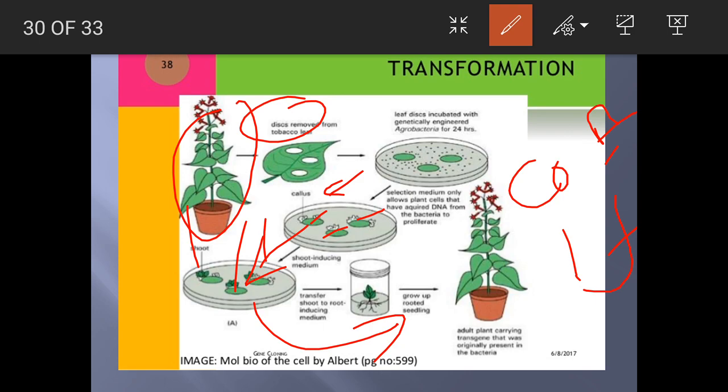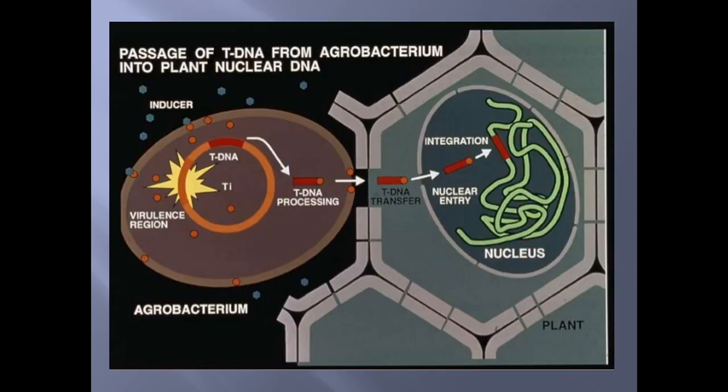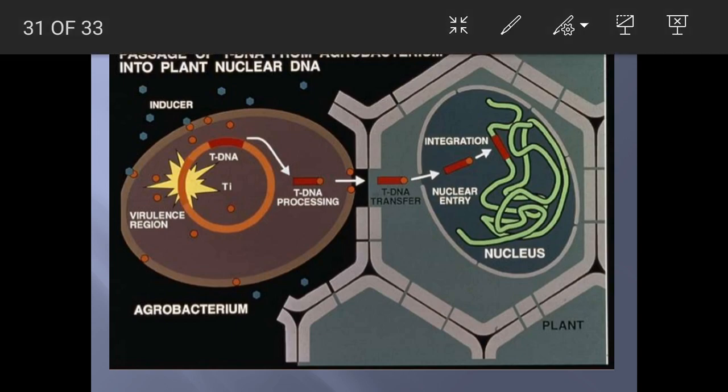That can be done finally by isolating the leaves from this adult plant, and with PCR we can know whether the gene of interest from the Agrobacterium is transformed into this plant. So this is how transformation is done with the help of Agrobacterium mediated gene transfer. In this slide you can find how the processing of the tDNA occurs here.